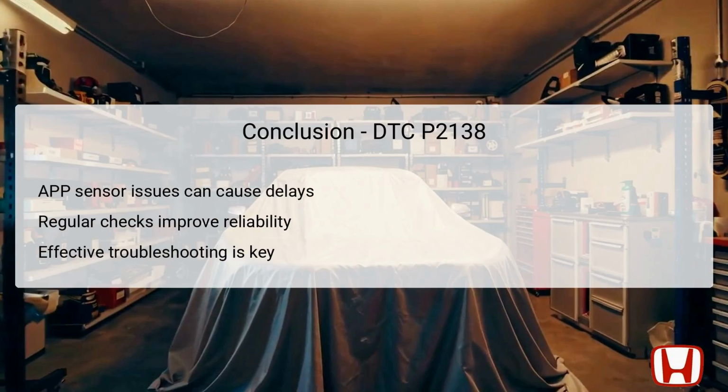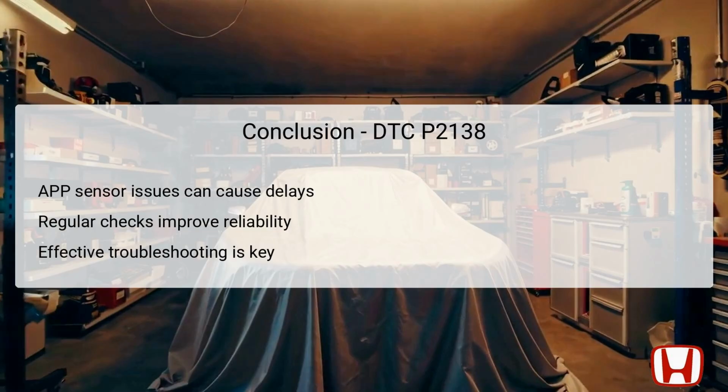In summary, DTC P2138 is a significant error that highlights issues with the APP sensors in the Honda Odyssey 2011 to 2017 models. Effective troubleshooting involves a systematic approach to identify and resolve any discrepancies in sensor data and connection integrity. Symptoms can vary from unresponsiveness to erratic performance, making prompt diagnosis crucial for vehicle safety.